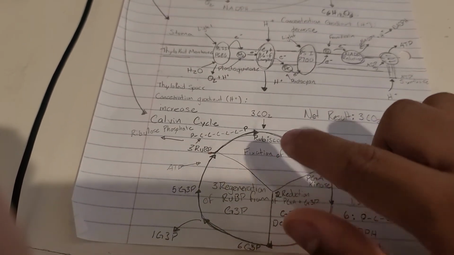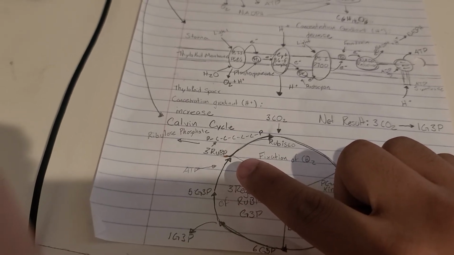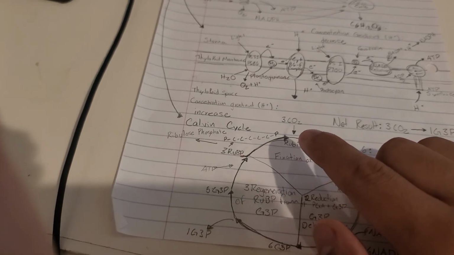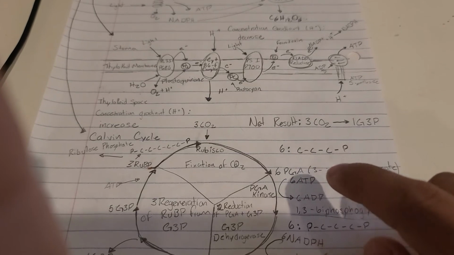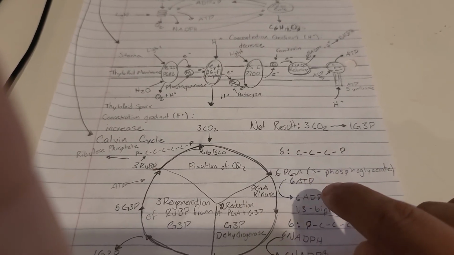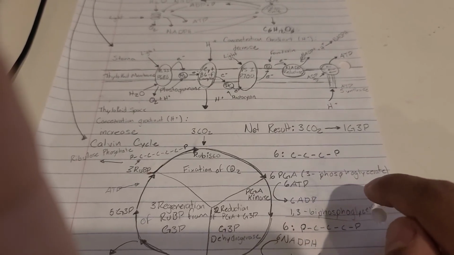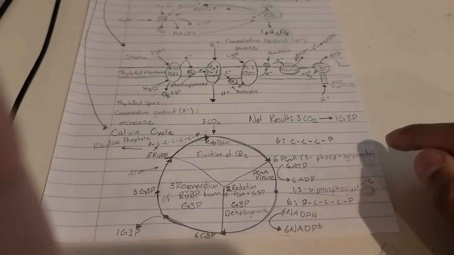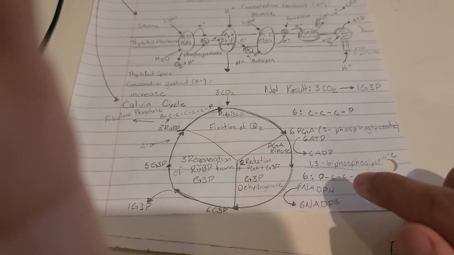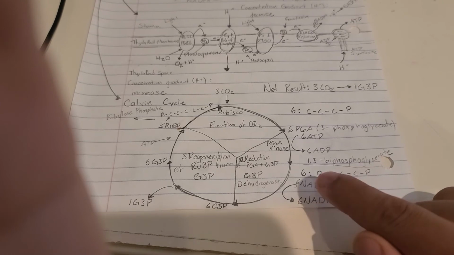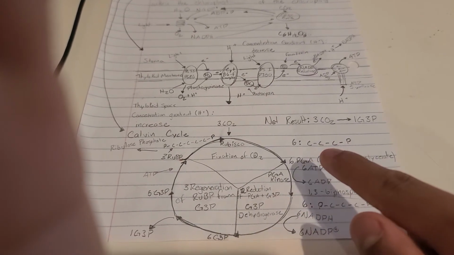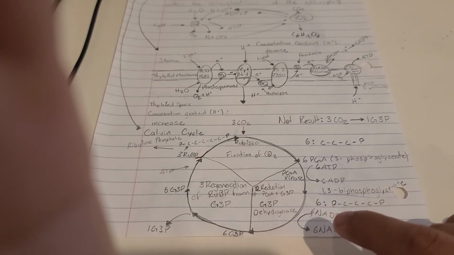These carbon dioxide molecules react with 3 RuBP molecules, which are 5 carbon molecules with a phosphate group on each side, and they come together to create 6 three-carbon molecules with 1 phosphate group attached. They're called 3-phosphoglycerate. These 3 carbon molecules get 6 ATPs, react with them, and create 6 three-carbon molecules with a phosphate group on each side. So it went from 3 carbons with 1 phosphate group to 3 carbons with 2 phosphate groups.